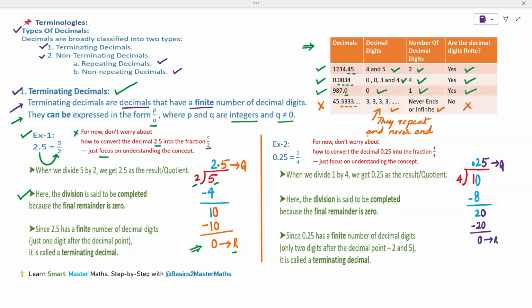Second point, observe here, the quotient or the result is 2.5, which has a finite number of decimal digits. So, 2.5 is called a terminating decimal. Got it?